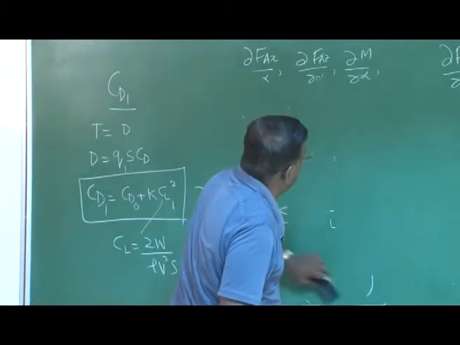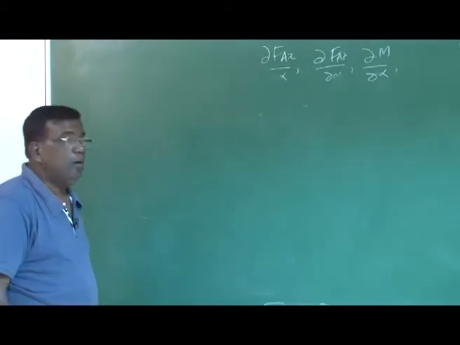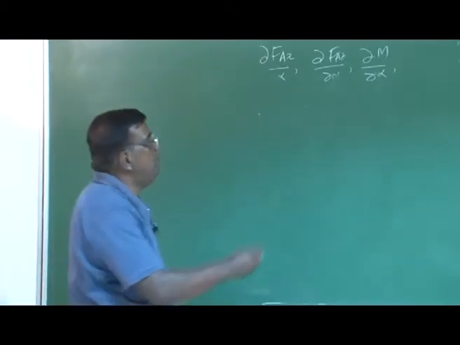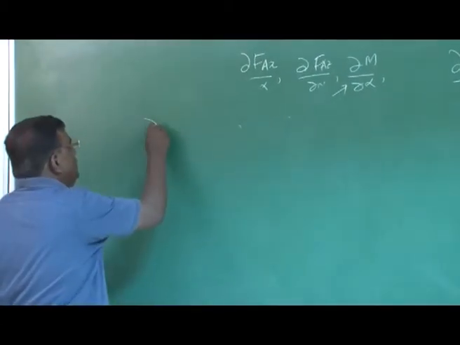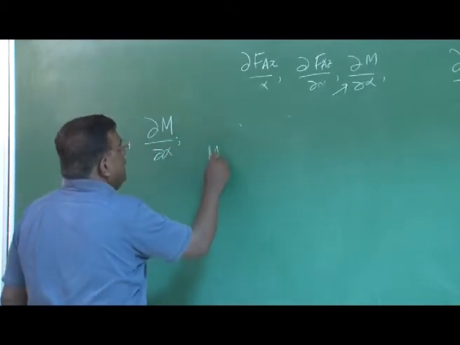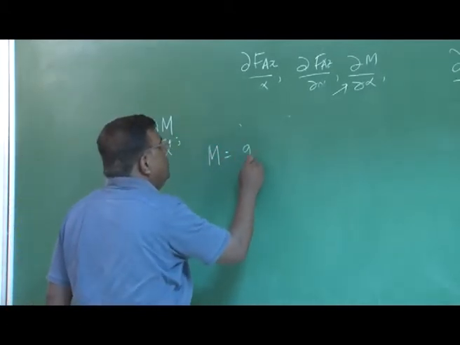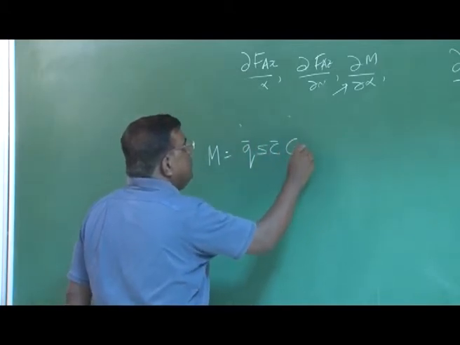Now the last part we will do, dM by d alpha. Now we will be trying to find out the derivative dM by d alpha, which is very, very straightforward. You know, M I can write as Q bar S C bar Cm.